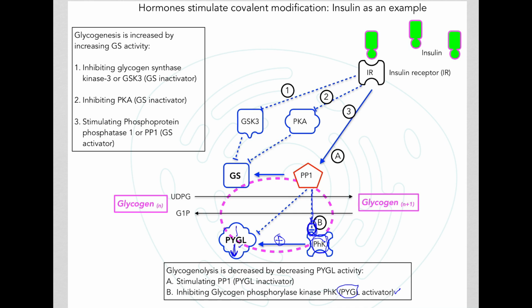So this enzyme activity goes down, this enzyme activity goes up. So in this way, hormones such as insulin can increase glycogen synthesis in different cell types and at the same time decrease glycogen breakdown. We shall see more examples of this as we discuss regulation of metabolism after a meal and regulation of metabolism during starvation periods in future videos.